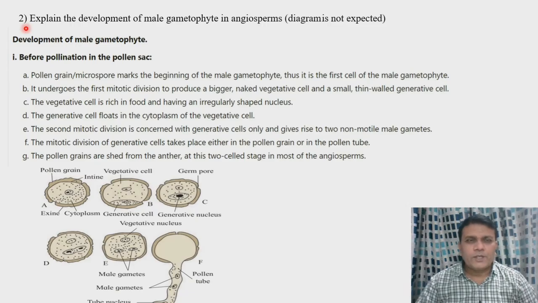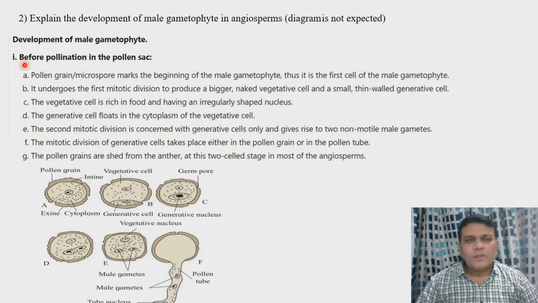Then the second question is explain the development of male gametophyte in angiosperm. Now in this question diagram is not expected. So you will have to write the development of male gametophyte in 2 stages, that is before pollination in the pollen sac and after pollination.